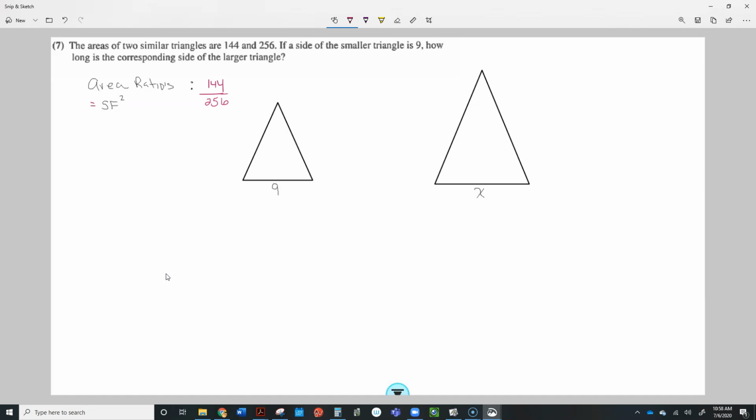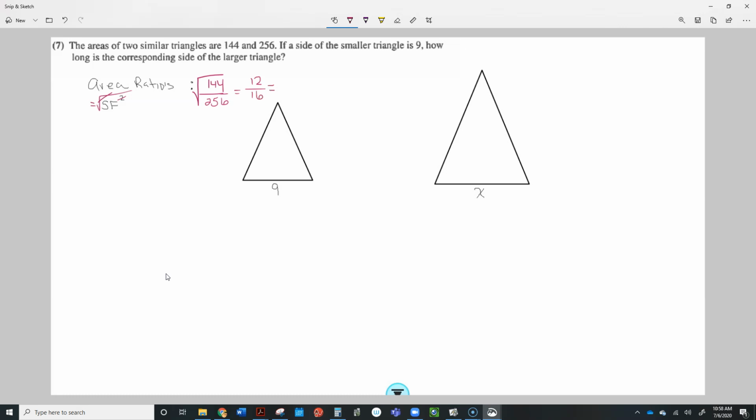So what we want to do to find the scale factor is take the square root of that. So you take the square root and you get 12 over, what is the square root of 256? Is that 16? Yes. So that's 12 over 16.